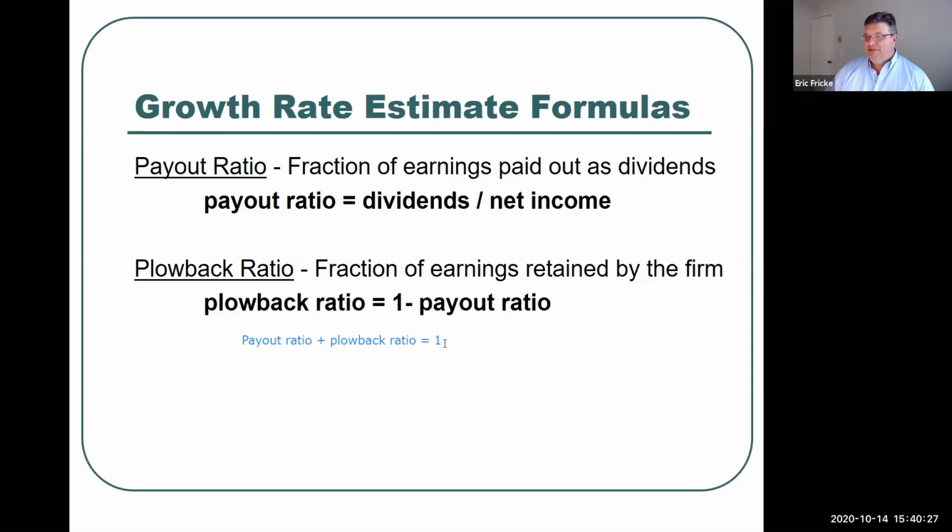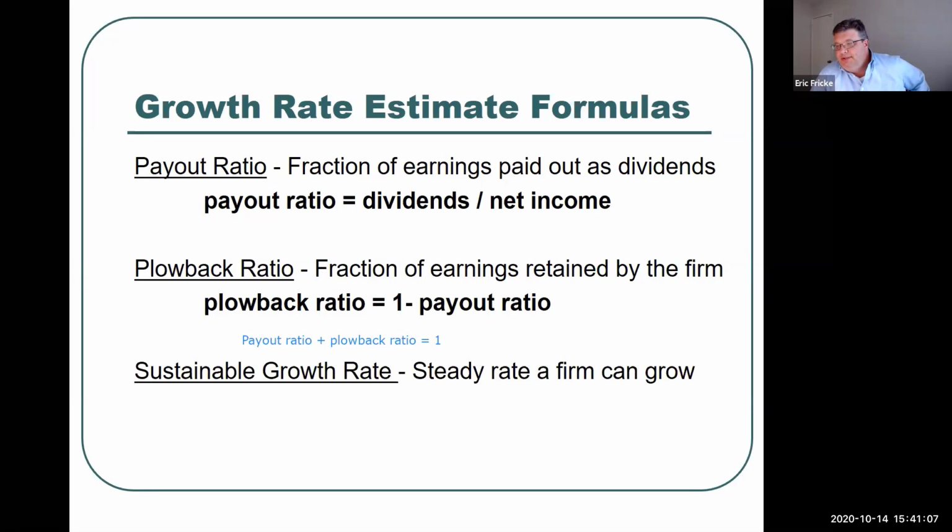Payout plus plowback ratio equals 1, and I just rewrote it here as plowback equals 1 minus the payout ratio, because in a lot of the problems that we do, that's how we'll use that equation. Any questions on that? What the payout ratio is, or what the plowback ratio is?